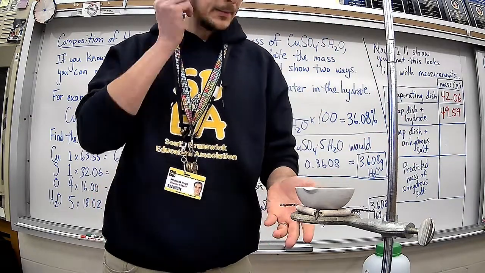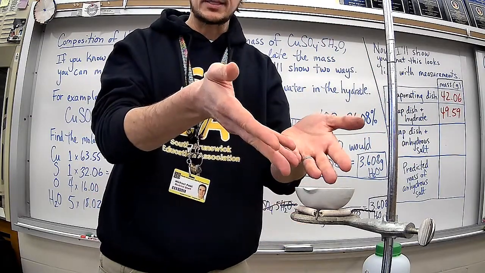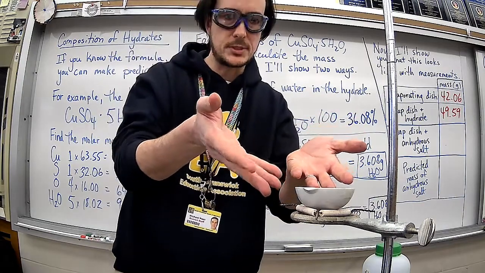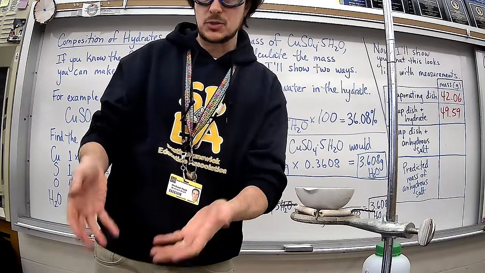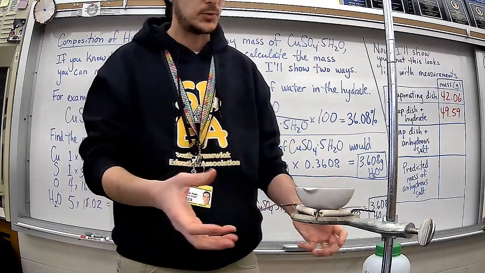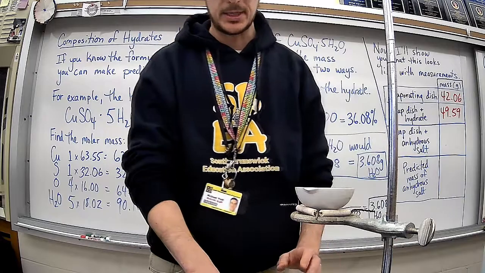How much water is in this sample and how much water is going to be evaporated when I heat it? And then when I put it back on the balance, what should it weigh? That's what you should try and figure out in the meantime.